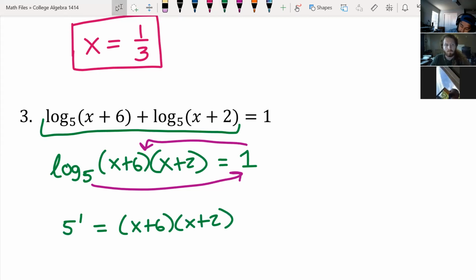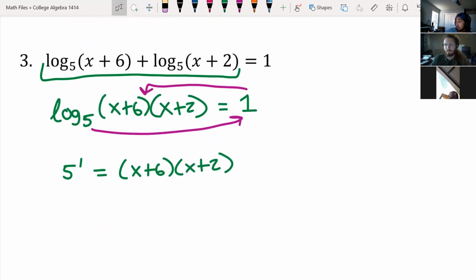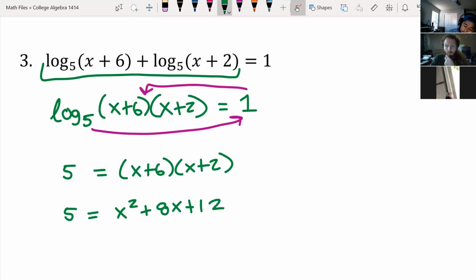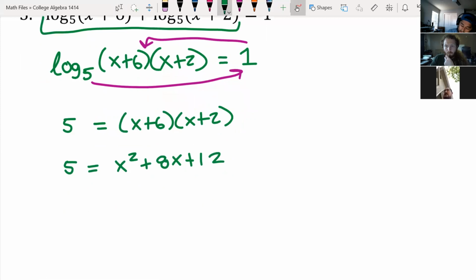All right. And now the log is gone, and all we have to do is solve for x. And we also know that 5 to the first is just 5. Okay. So we're going to get 5 equals, FOIL this out, x squared plus 8x plus 12. Move the 5 over, and 0 equals x squared plus 8x plus 7.